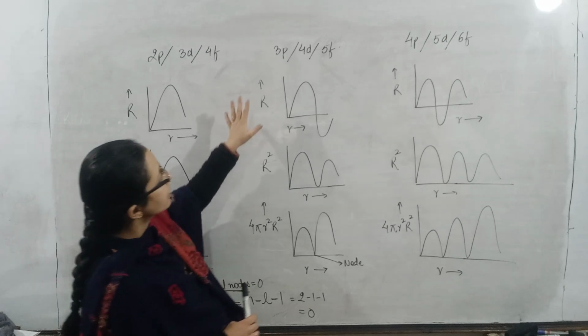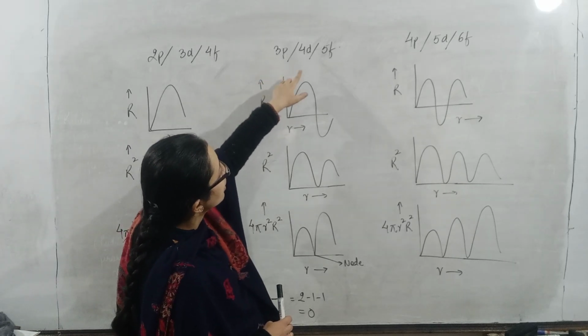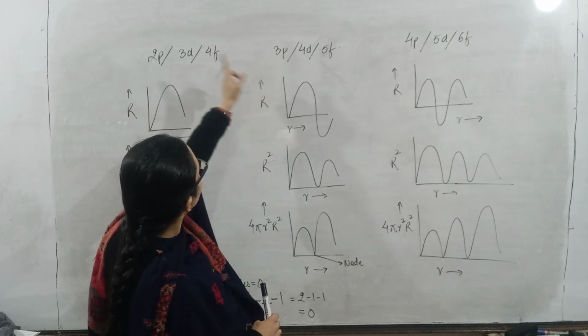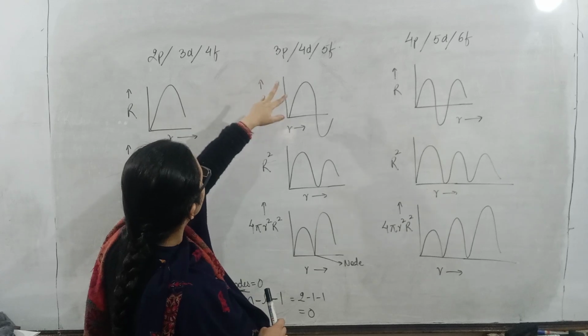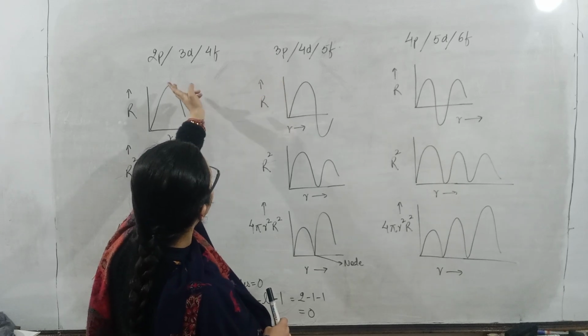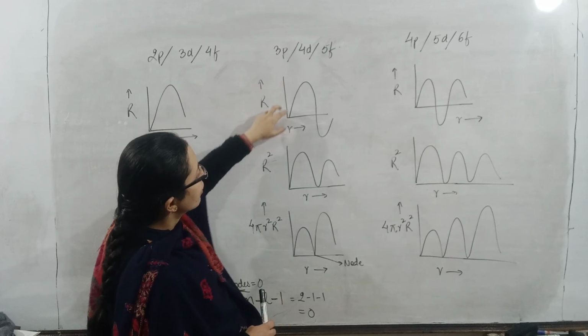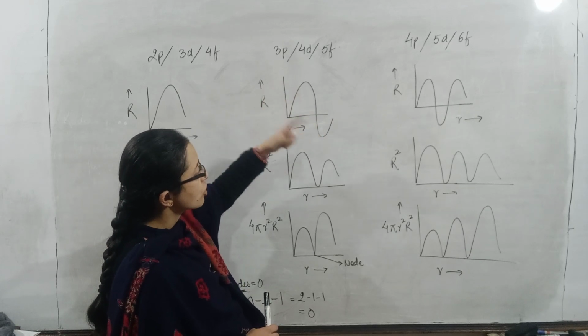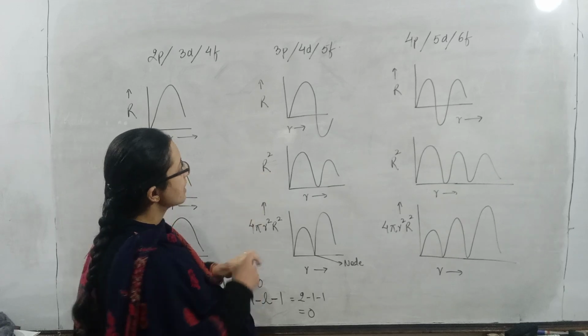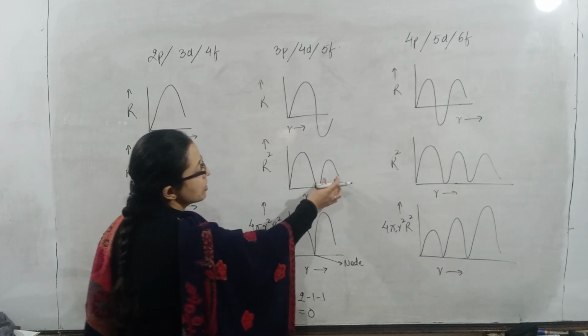Then if you look at the curve for 3p, 4d, 5f, 2p से 3p चला गया, 3d से 4d, 4f से 5f, है ना? तो one shell we have shifted. So here we have positive and negative part both. जो negative part है, जब उसको square करेंगे as in R square, so this becomes positive.